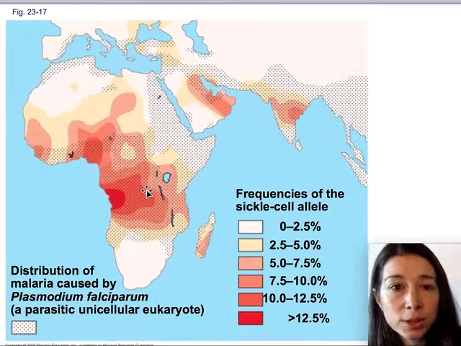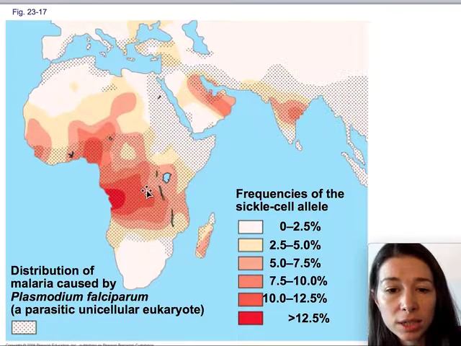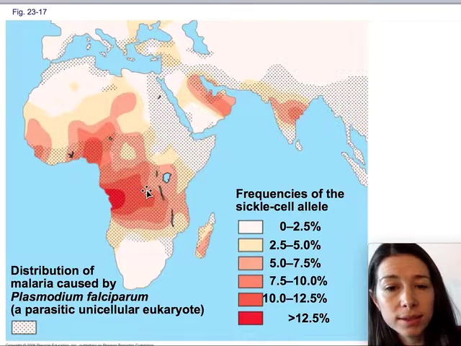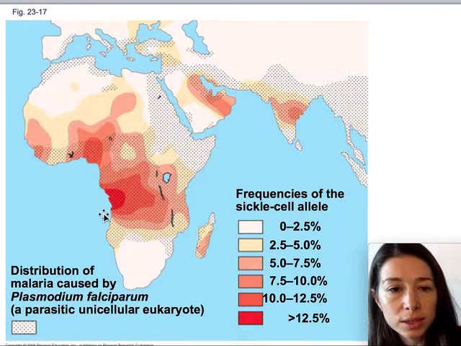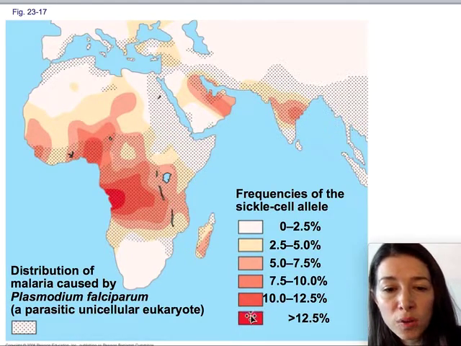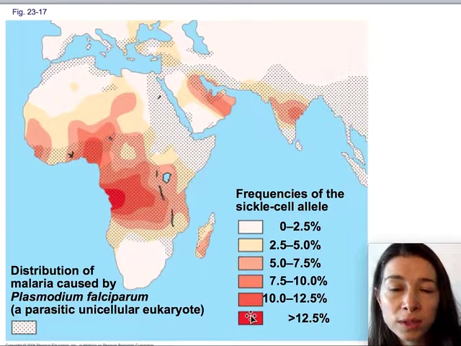Now let's look at the distribution of people that have one copy of that gene that causes sickle cell disease, and let's compare it to the distribution of the malaria presence. In this very big region where malaria is present, we do see that more than 12% of the population have one of those diseased alleles.